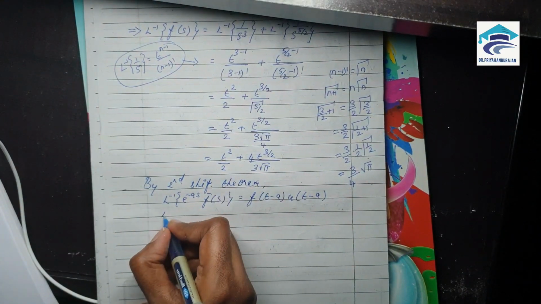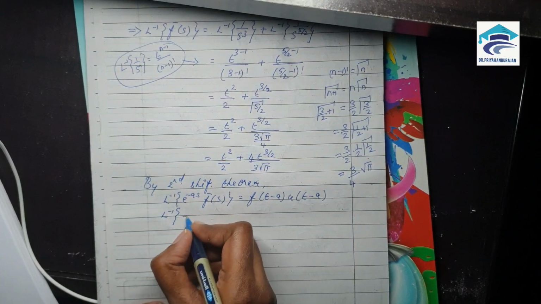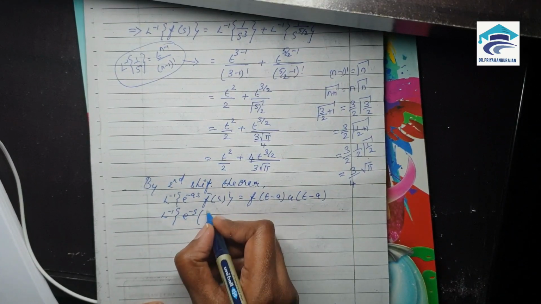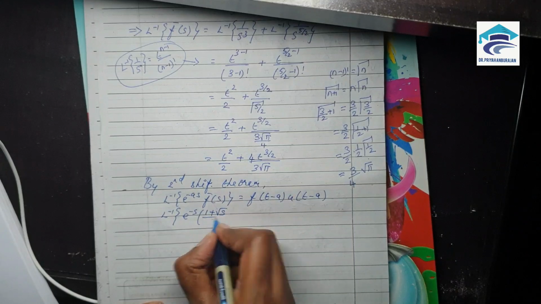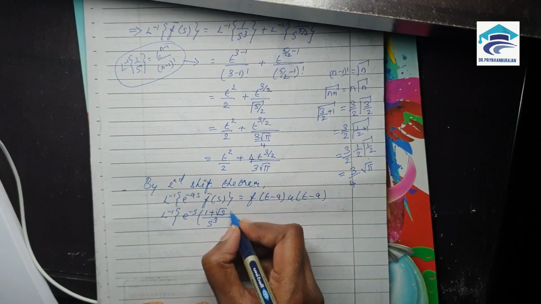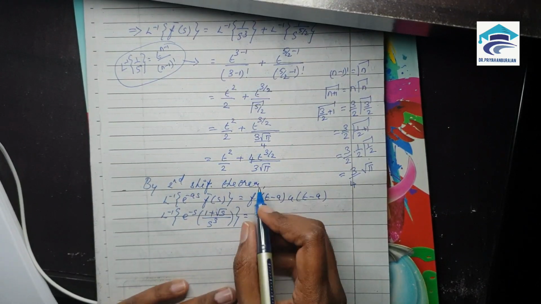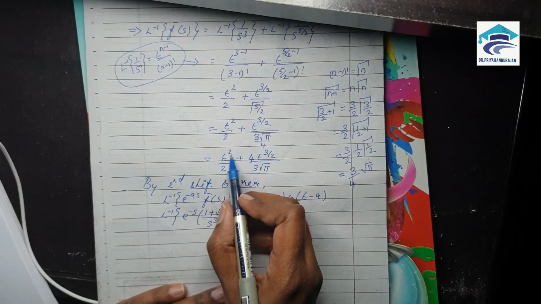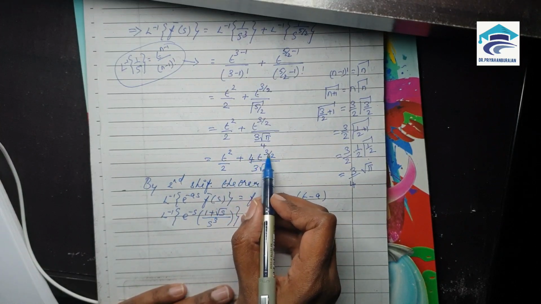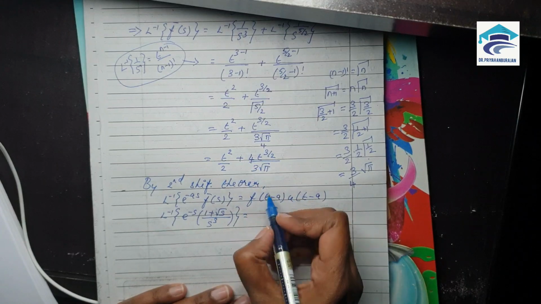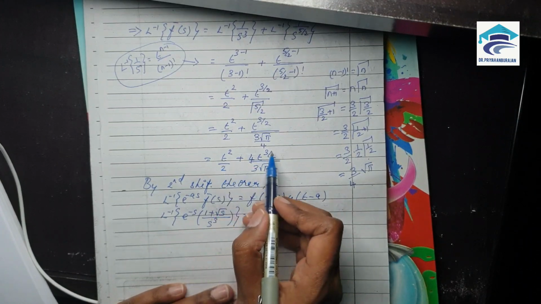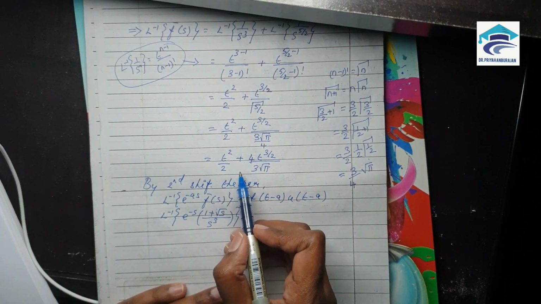Now coming back to our problem, it is e power minus s into the function 1 plus root s by s cube. My f of t is t squared by 2 plus 4t to the power 3 by 2 by 3 root pi. Wherever you find t, you have to substitute t minus a.